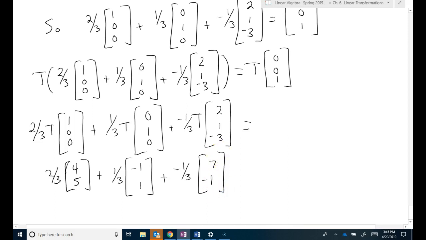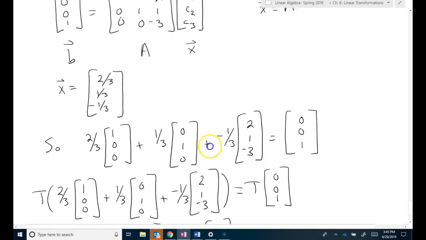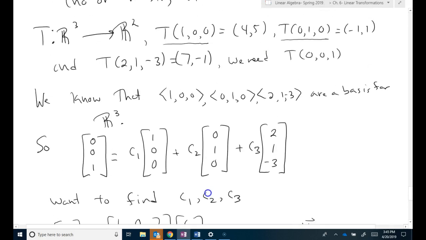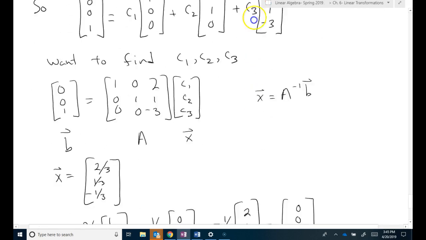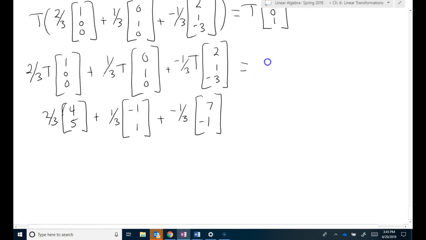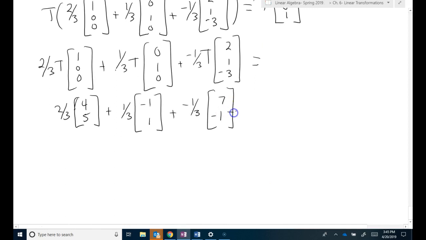I get the whole linear transformation thing, but where did the vectors come from? Well, remember, that's how we define the transformation. They're from up here. They told us that T of (1, 0, 0) was (4, 5), T of (0, 1, 0) was (-1, 1), and T of (2, 1, -3) is (7, -1). So there's our transformation. Hey, look at that. That's kind of cool.